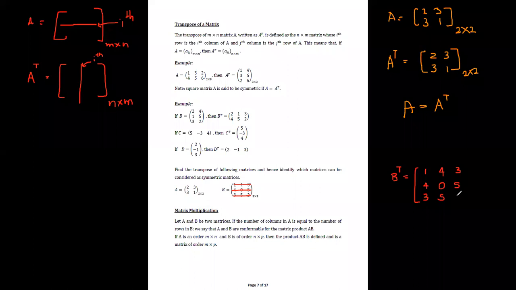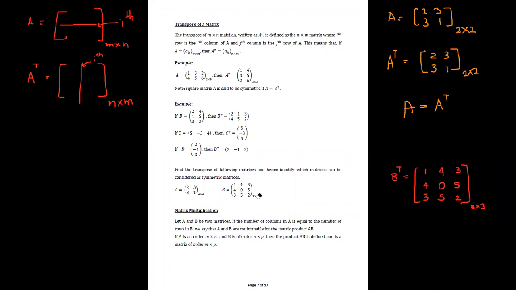5 and 2. Now we can see that this is also a 3 by 3 matrix. Now if you compare the corresponding elements, as we see these two matrices, the number of rows and number of columns are equal, number of rows same, number of columns same.